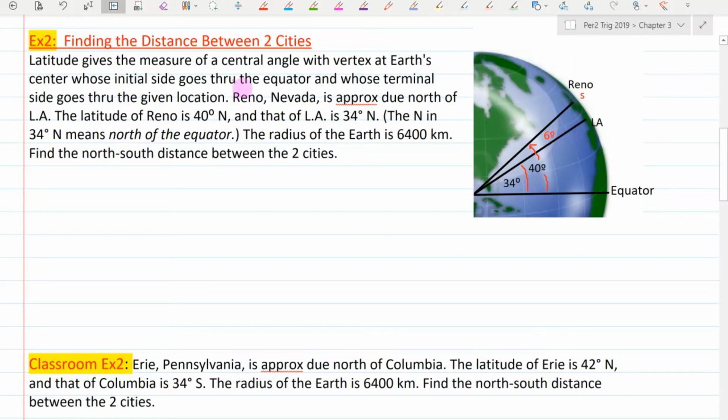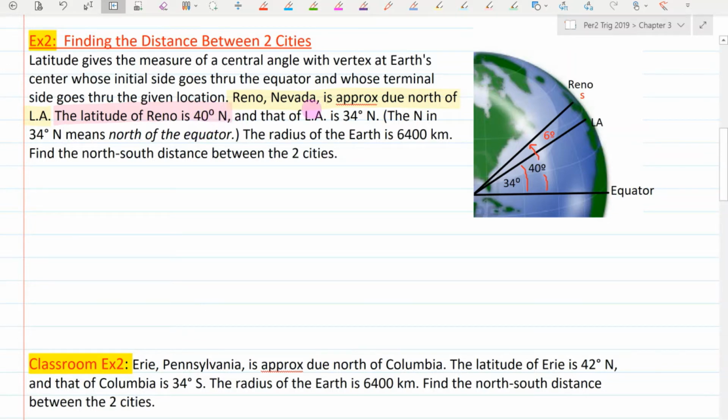It says latitude gives the measure of a central angle with a vertex at Earth's center whose initial side goes through the equator and whose terminal side goes through the given location. Reno, Nevada is approximately due north of LA. The latitude of Reno is 40 degrees north.